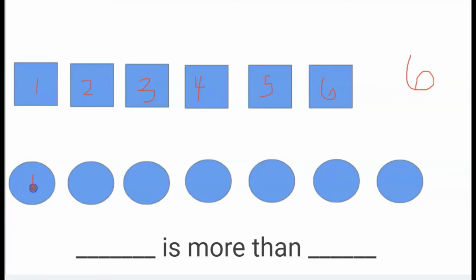Let's count the circles. 1, 2, 3, 4, 5, 6, 7. We learned from the squares and the hexagons and by drawing lines that 7 is more than 6. There are more circles than squares.